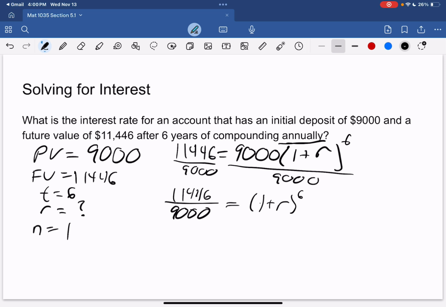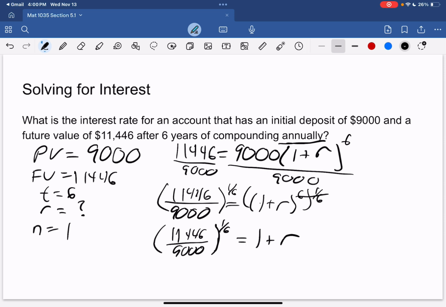Okay. And so now I have a power of 6, so I can raise this to the 6th root, or a fractional exponent of 1 over 6. And that leaves me with 11,446 over 9,000 raised to the 1 over 6 is equal to 1 plus r. So then r is equal to, when I subtract the 1, I get all this.